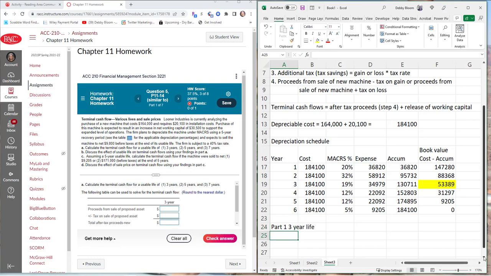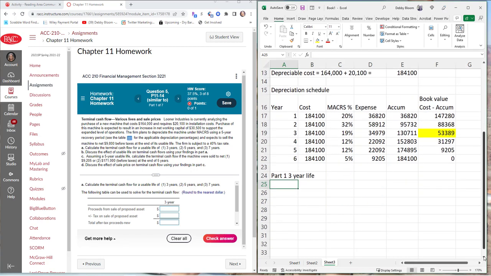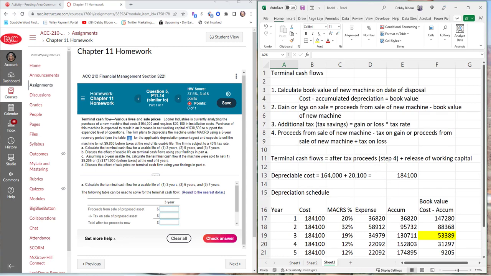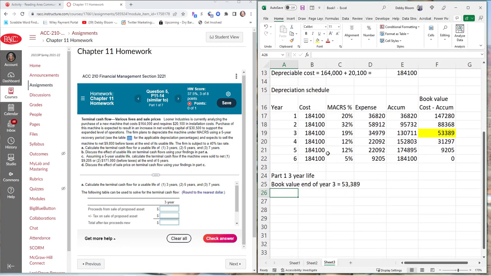Let me scroll down a bit. So our book value at the end of year 3, $53,389. So if you go back to the formulas that I gave above, we're going to calculate first the gain or loss, our additional tax or our tax savings, and then calculate the after-tax cash flow.